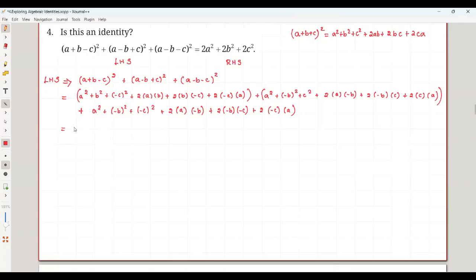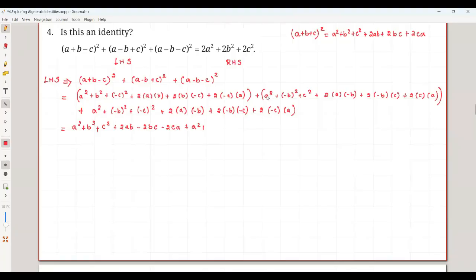This is the lengthiest question. a square plus b square plus c square, while taking minus c the whole square it becomes plus, plus 2ab minus 2bc minus 2ca.